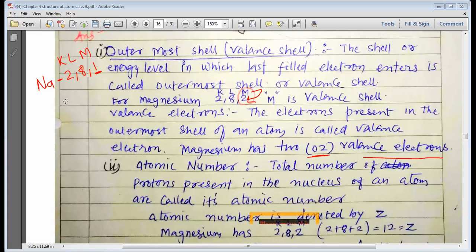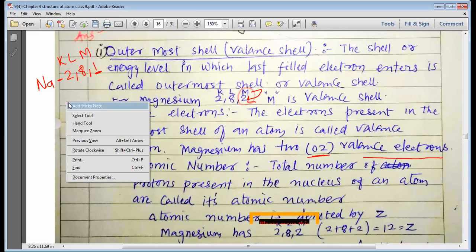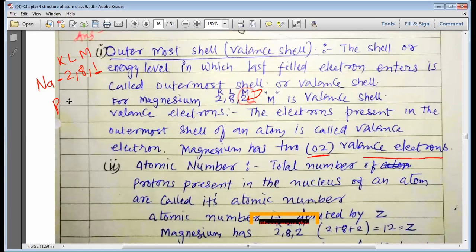If we look at phosphorus, its electronic configuration is 2, 8, 5. Again you have K, L and M. The M shell is the valence shell, and valence electrons are 5.